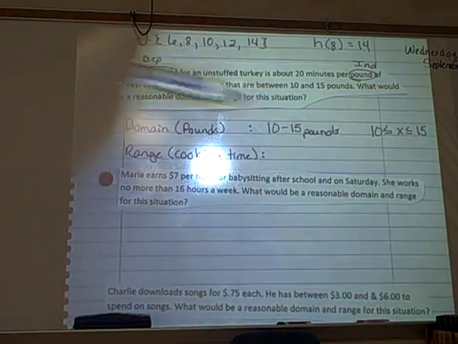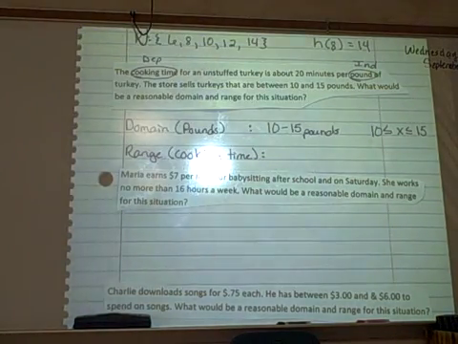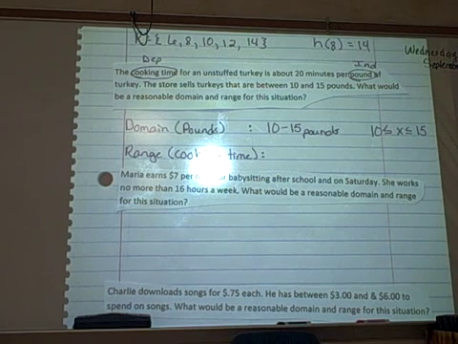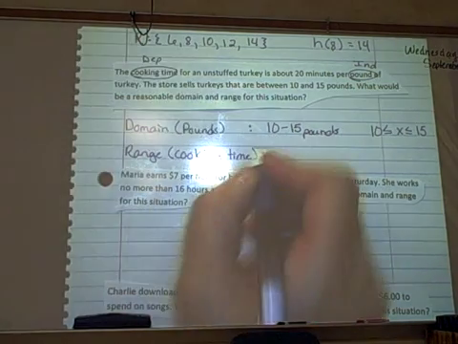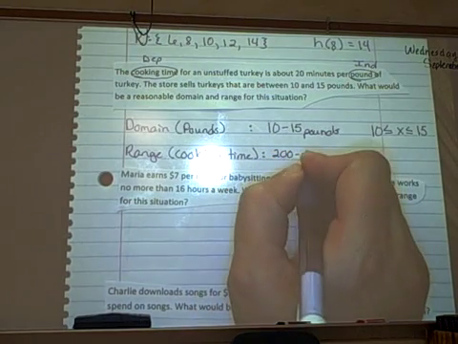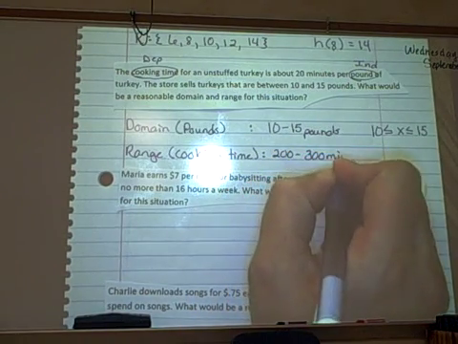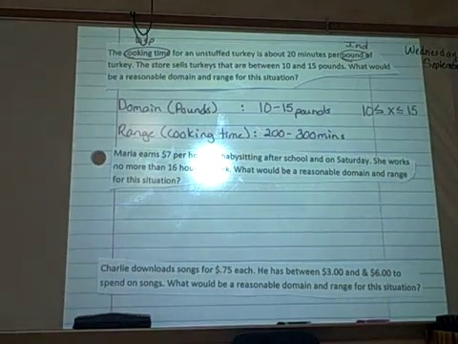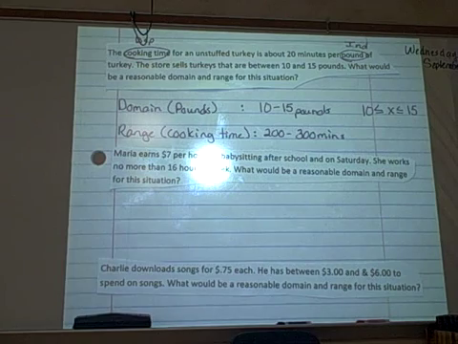So if I have a 10 to 15 pound turkey, and I cook it 20 minutes per pound, what's a reasonable cooking time? 200 minutes to about 300 minutes. I'll do the math on that one for you. 200 to 300 minutes, and we're just going to leave it in minutes.